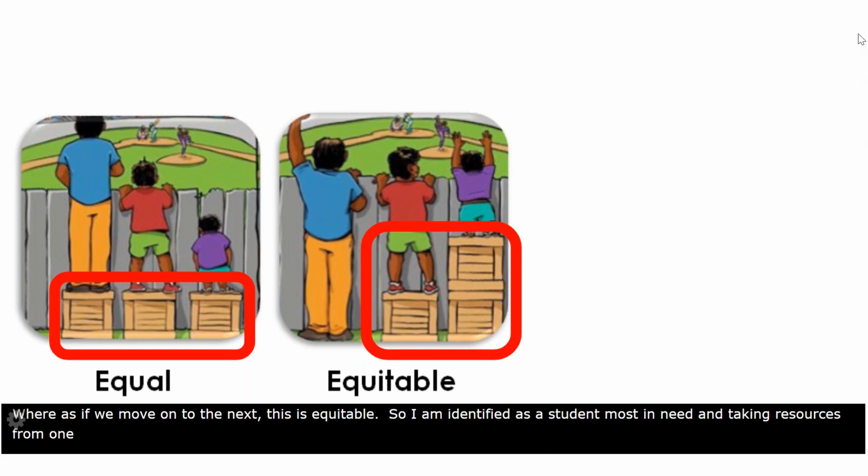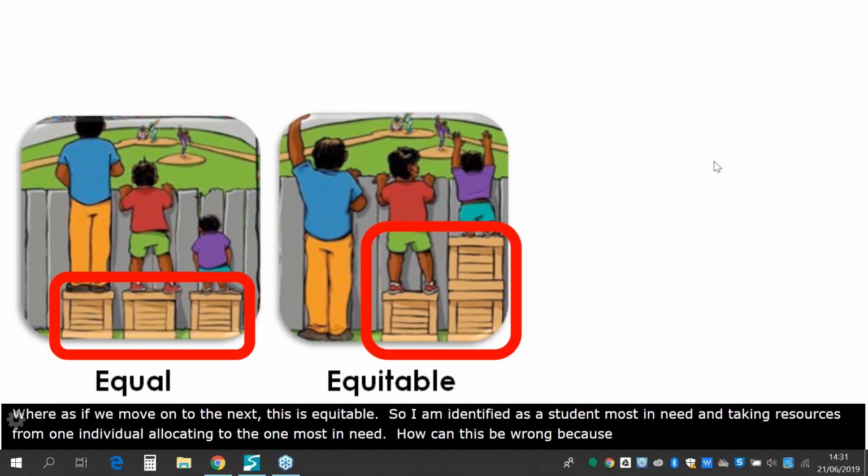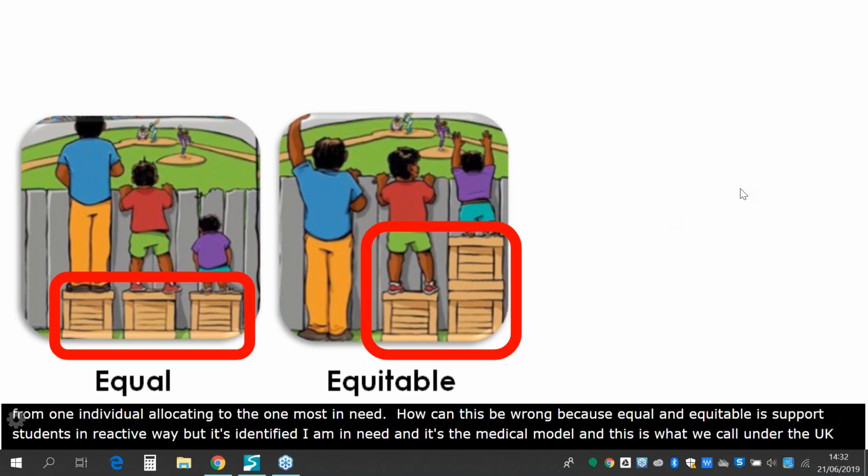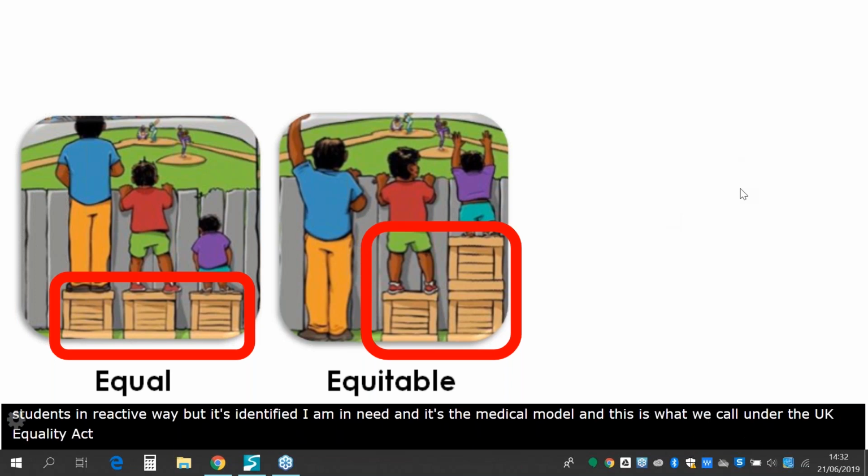Because equal and equitable is supporting students in a reactive way, but actually it is identifying that I am in need. It is the medical model. And this is what we would call, under the UK Equality Act, reasonable adjustments to overcome barriers to learning.